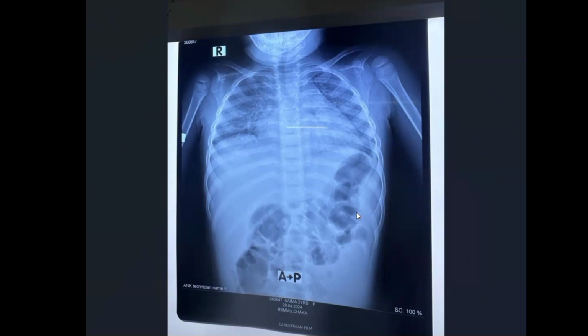So we will look in the X-ray of the chest. How we can read.